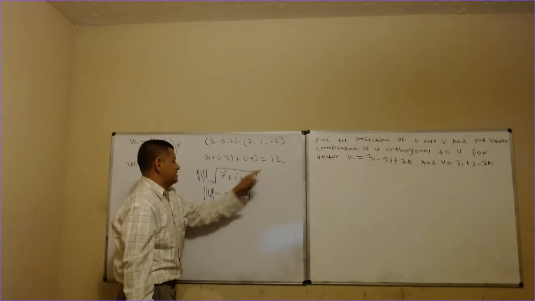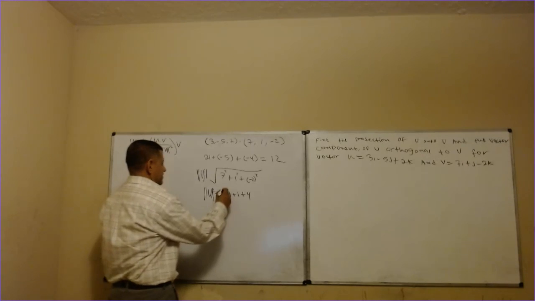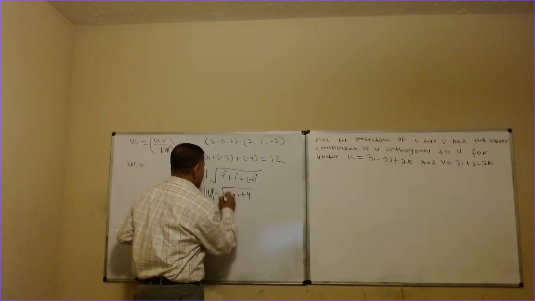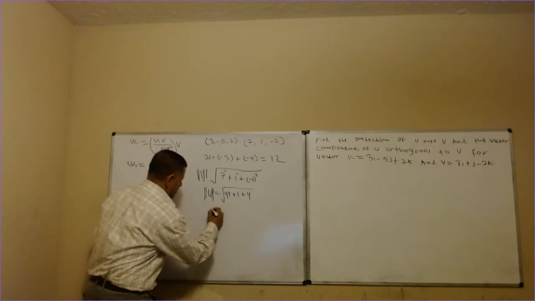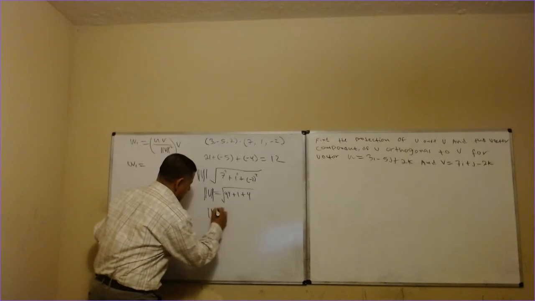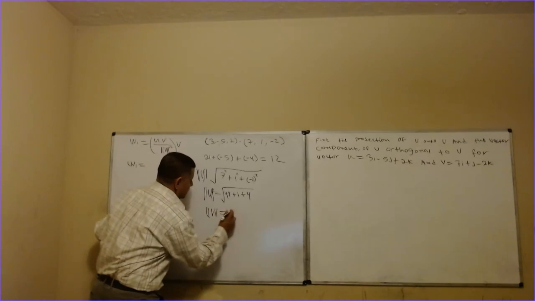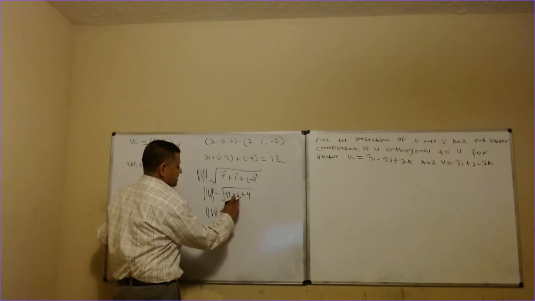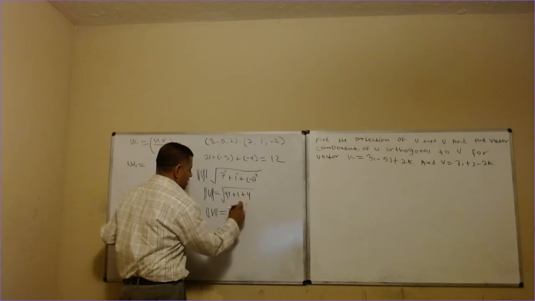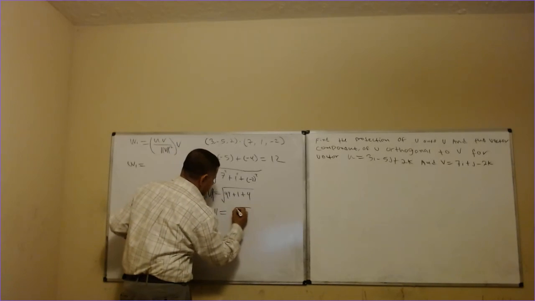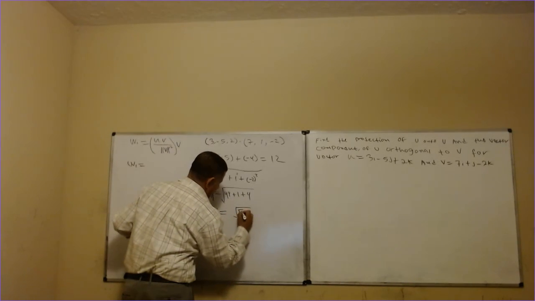Because this by itself is negative, and a negative times a negative is a positive. So the magnitude of that is 49 plus 1 is 50, plus 4, the square root of 54, right?